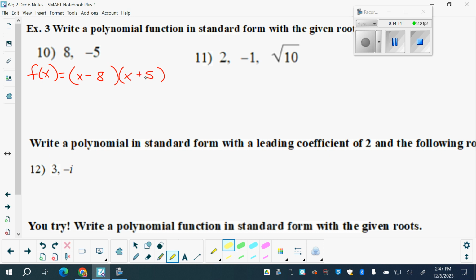We want to write that in standard form. Is that standard form? No, that's factored form. So what do we do to get it in standard form? Just multiply it out. So Kaden, will you multiply that out for us?